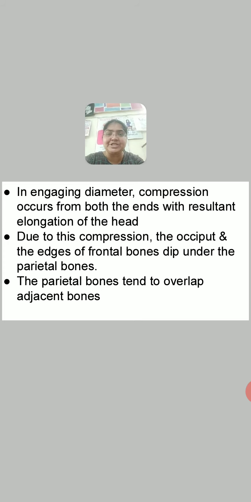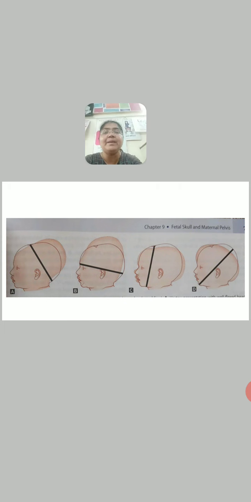Due to this compression, the occiput and the edges of the frontal bones go deep under the parietal bones. Parietal bones are the adjacent bones, the side bones. So the frontal and the occipital bone will go under the parietal bone. The parietal bones tend to overlap the adjacent bones. Parietal bones overlap the frontal and the occipital bone because of this pressure.